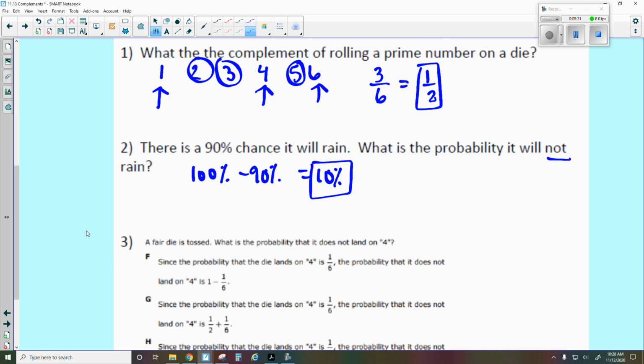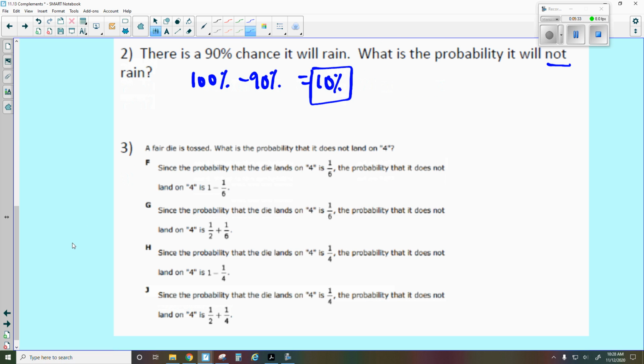Number 3, a fair die is tossed. What is the probability that it does not land on 4? So not land on 4. So the probability of a die landing on 4, there's only 1 four out of 6. And again, we're going to do 1 minus 1/6.